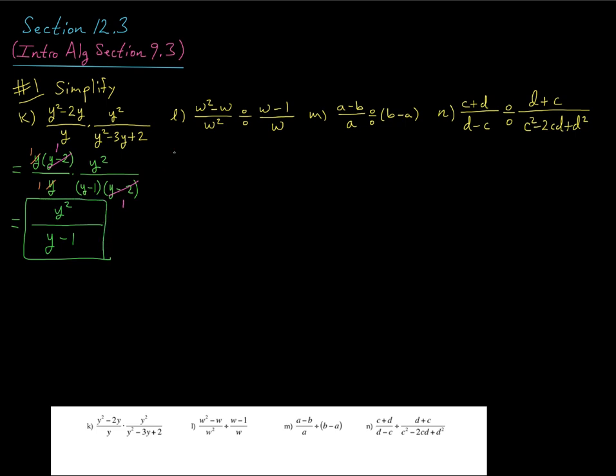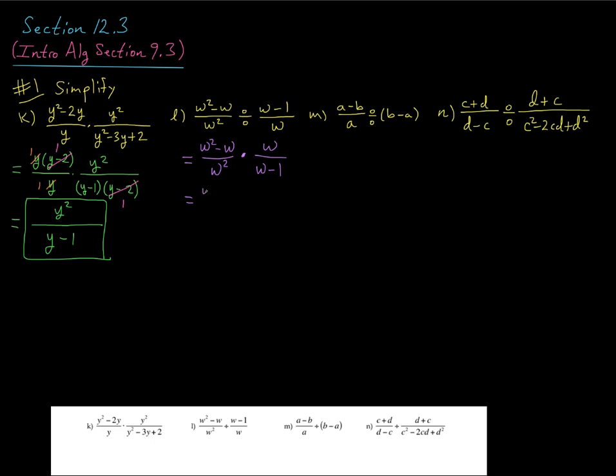All right. For L, we have a division problem, so we'll first rewrite this as a multiplication problem. I'm going to multiply by the reciprocal of what I'm dividing by, so this would become w over w minus 1. This first portion is still the same. And then just like in K, let's next factor what's factorable.